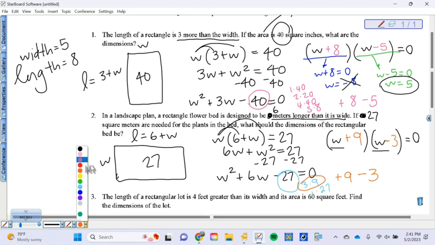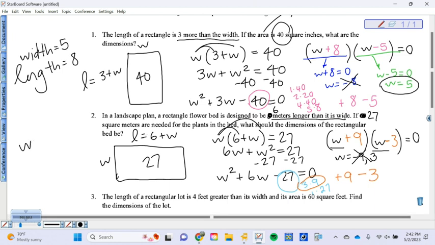So what does W have to equal? Good. W would have to equal -9 or +3. Can I have a negative width? No. So this -9 kind of just goes away.